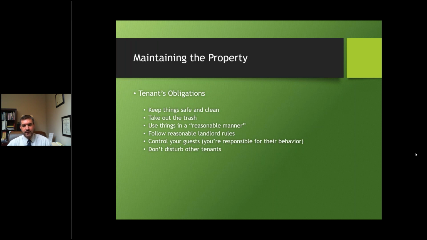So if the fridge breaks, even if the landlord has provided that appliance, the landlord can shift that obligation onto the tenant in a single family residence type situation. As far as making improvements to the property, like building an add-on, there's nothing in the residential landlord tenant code that prohibits the parties from agreeing to the tenant performing major improvements to the property.